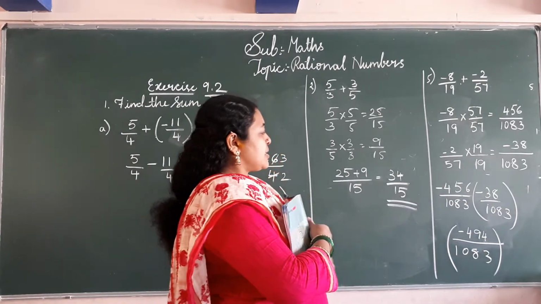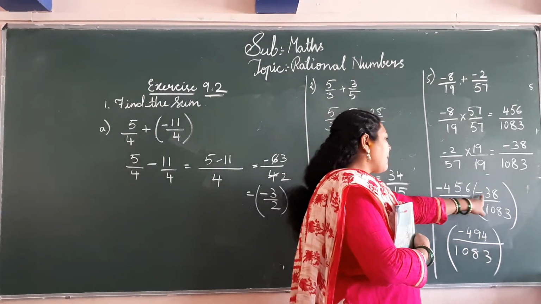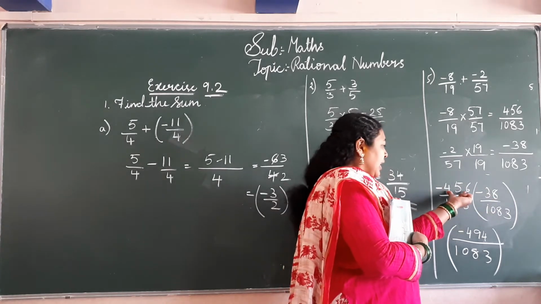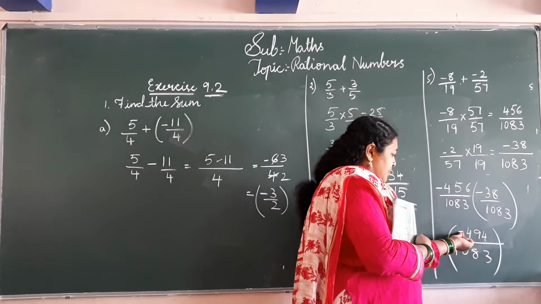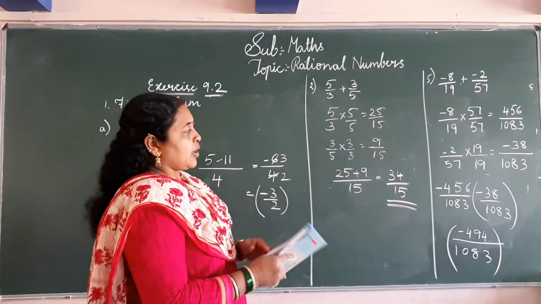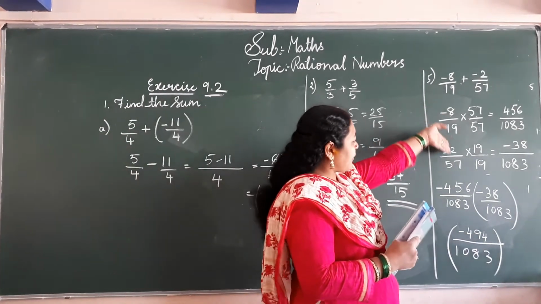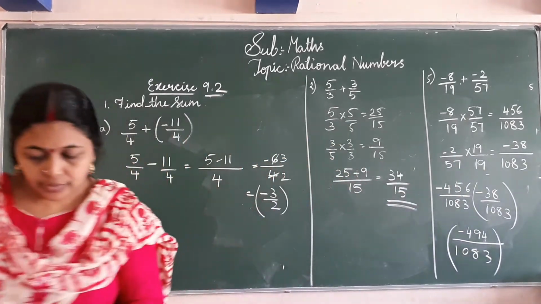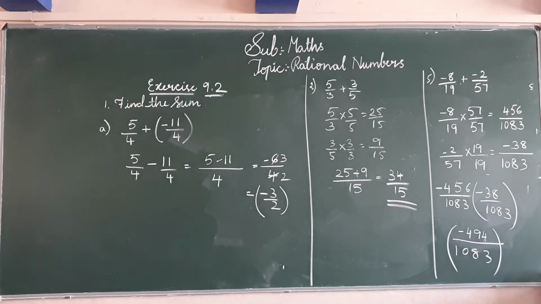Okay. See here, minus and minus is addition only, but we will write the greater value's symbol, because it is minus, so we will write it as minus itself. Okay, we have converted the unlike fraction into like fraction. Is it clear?